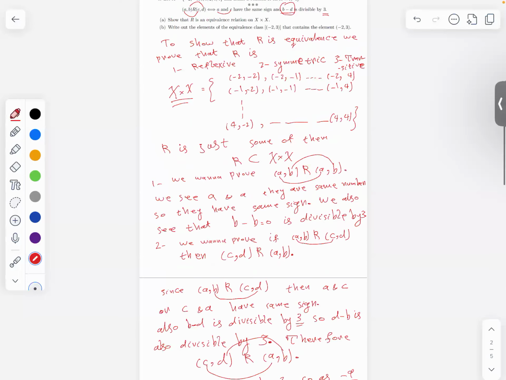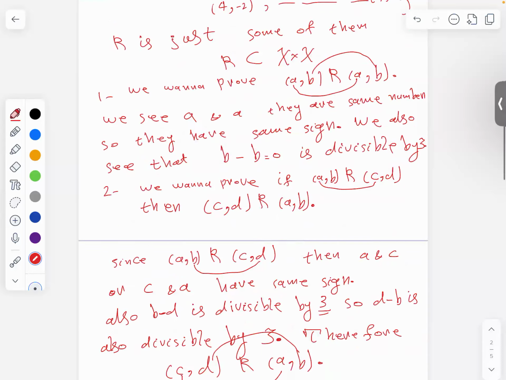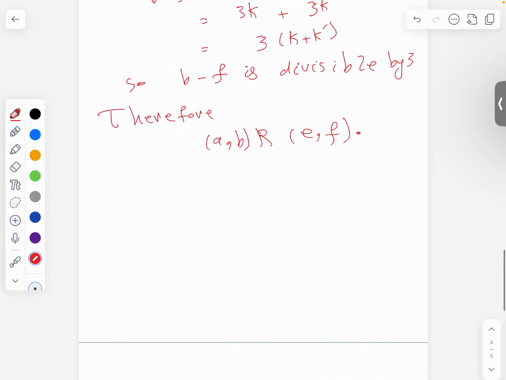Now, part B of the question says to find the equivalence class of (-2, 3).